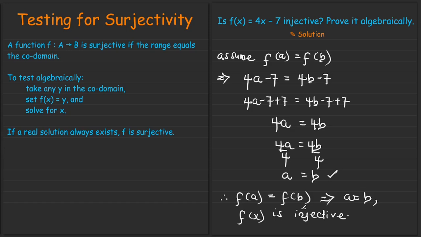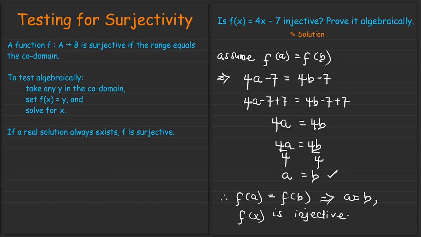So this is how we prove that a function is injective. First, assume this to be true. Be able to assume this to be true, then you prove that a is equal to b, because that is the only way you can also prove that f of a is equal to f of b. And if that is the case, then our function is injective.